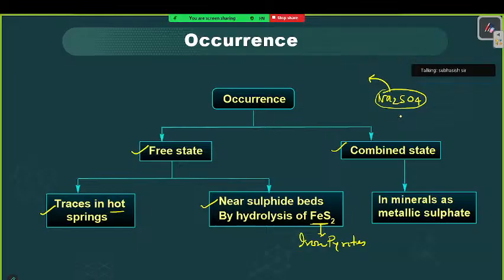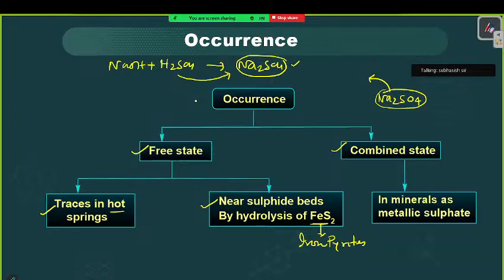So sulfate salts are also considered to be the presence of sulfuric acid in the combined form. When sodium hydroxide reacts with sulfuric acid, it produces sodium sulfate. So sodium sulfate is the combined form of sulfuric acid.